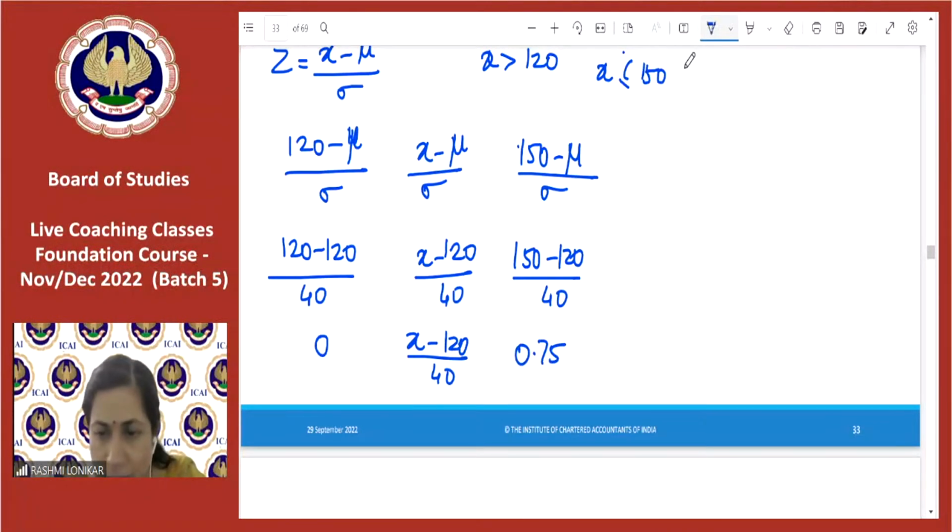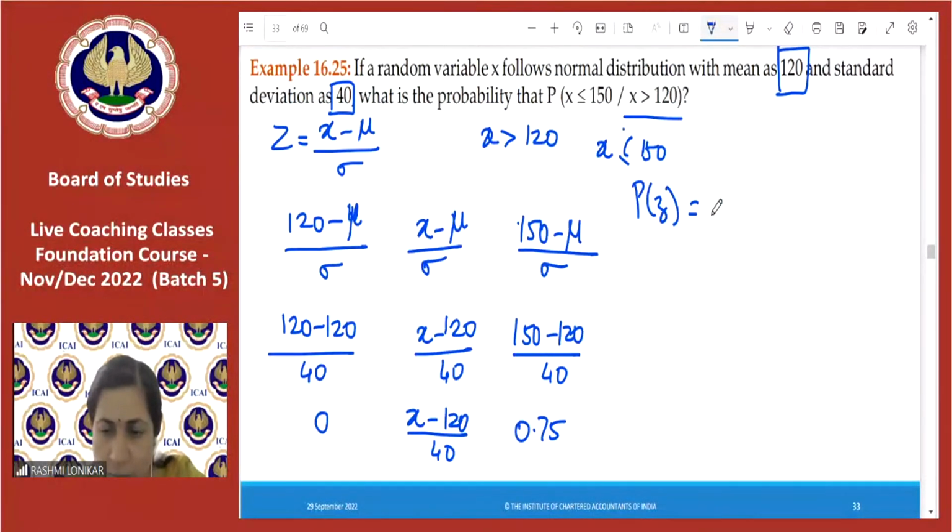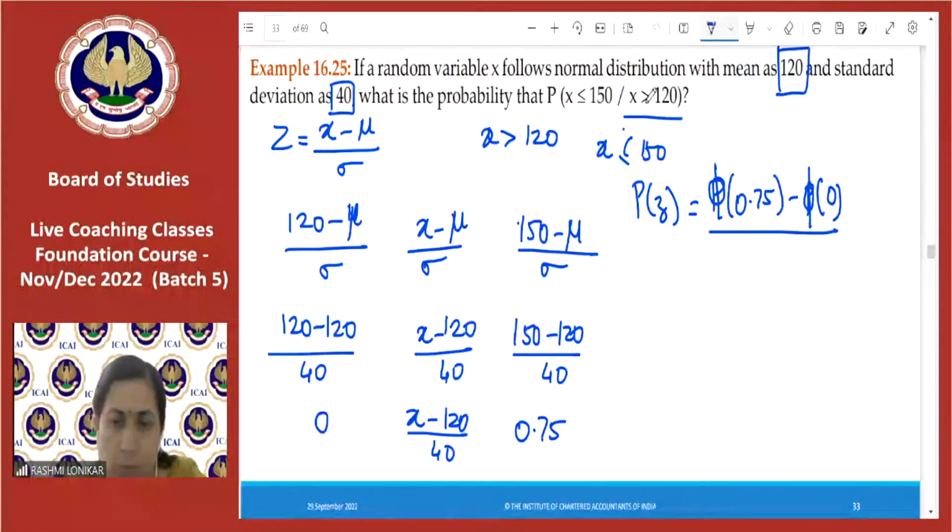So this P of Z is how much? In the numerator, I will have phi of 0.75 minus phi of 0. This is phi, not P. In the denominator, I have P of x greater than 120.